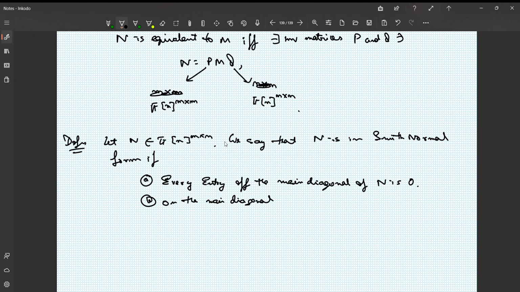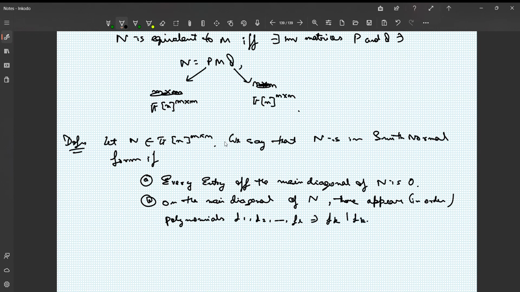And number two, on the main diagonal of N there appear, obviously in order, polynomials f1, f2 till fl, such that fk divides fk+1 for all 1 less than or equal to k less than or equal to l minus 1.